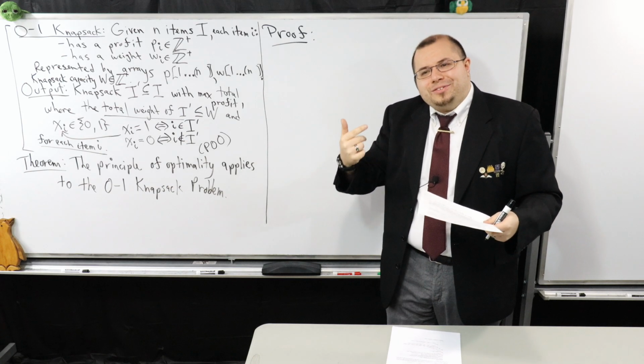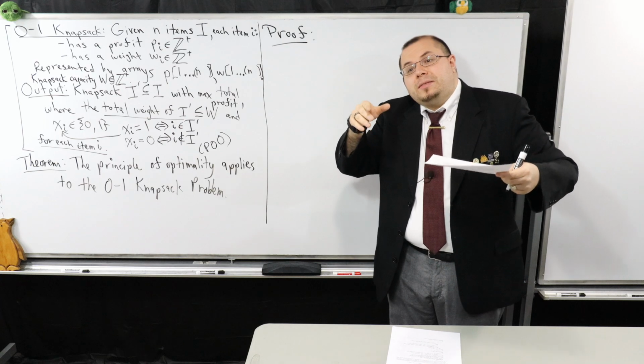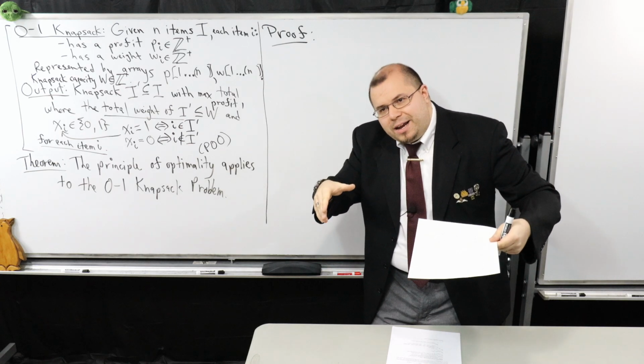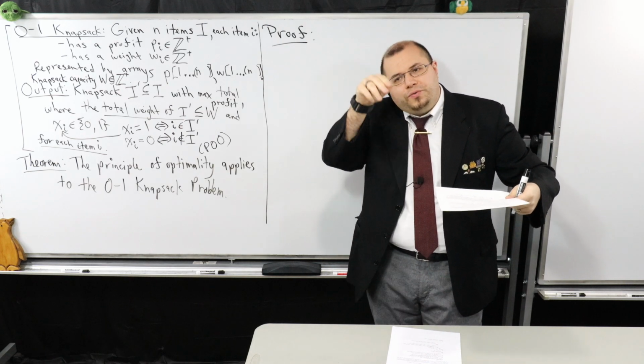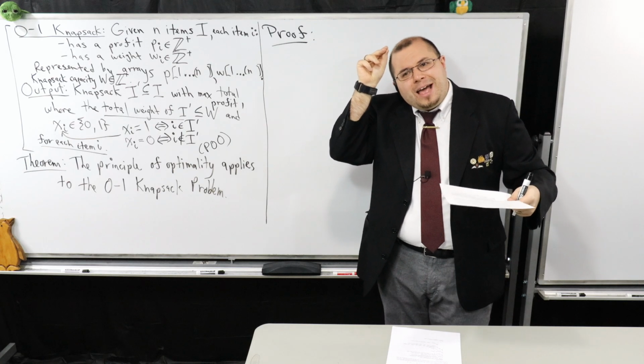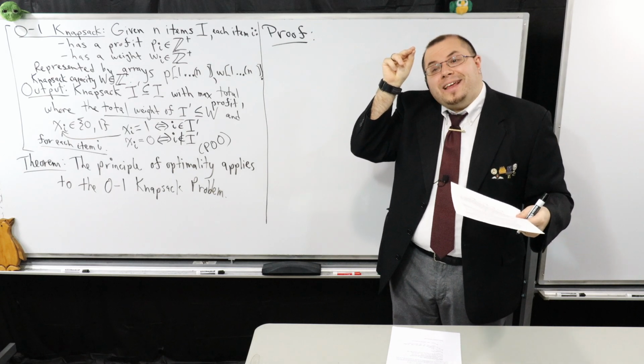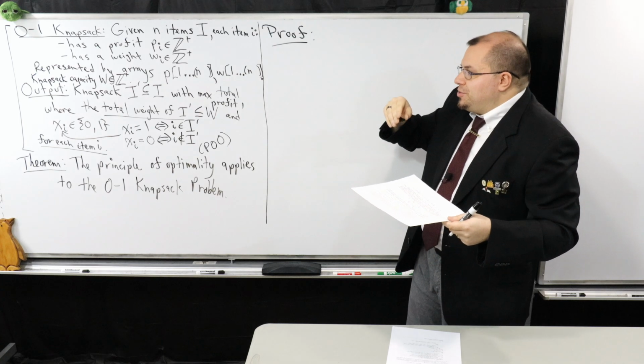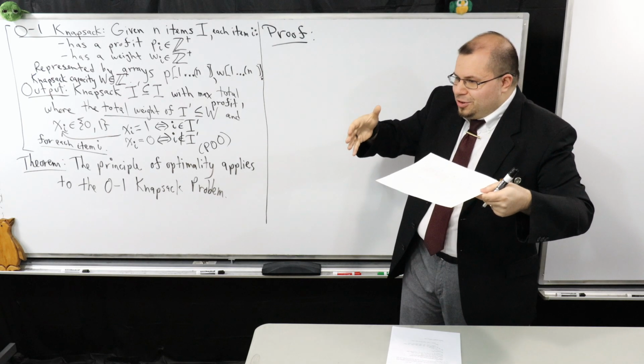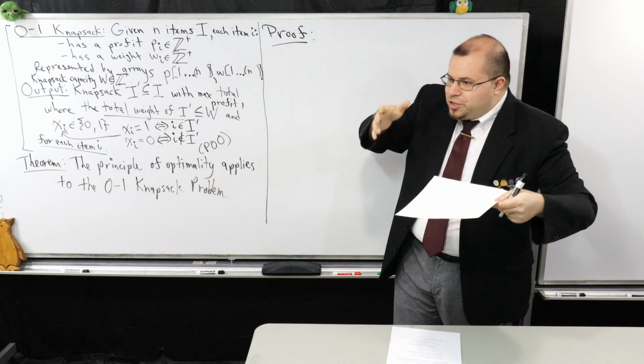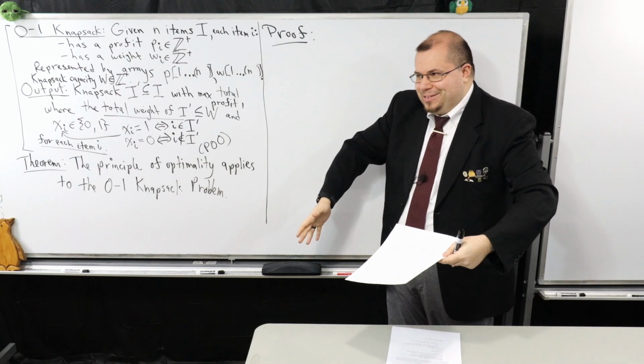That would imply there's a better answer with the instance where I have those items, where I remove the item in question. And then, as the name suggests, I'm going to cut out my optimal by looking at it without the item, and paste it into my argument.